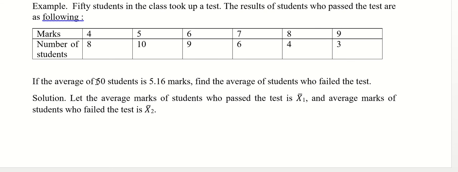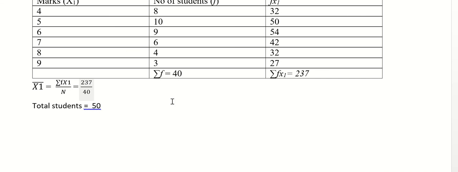If the average of 50 students is 5.16, it means the total is 50; we can also call it n1 plus n2. n1 plus n2 is 50.